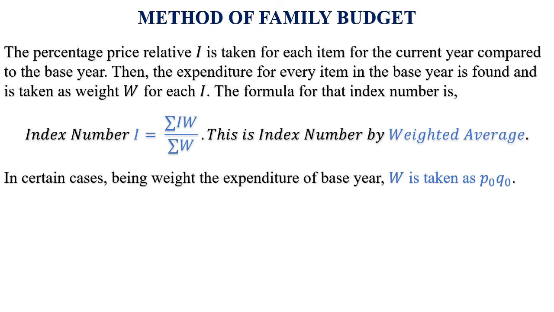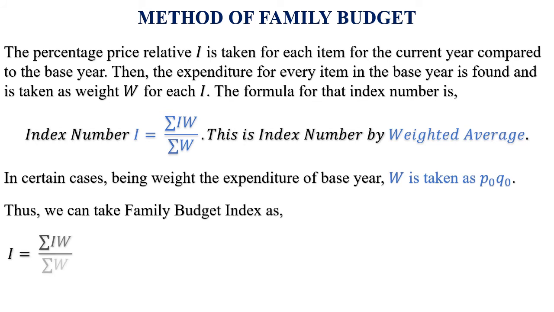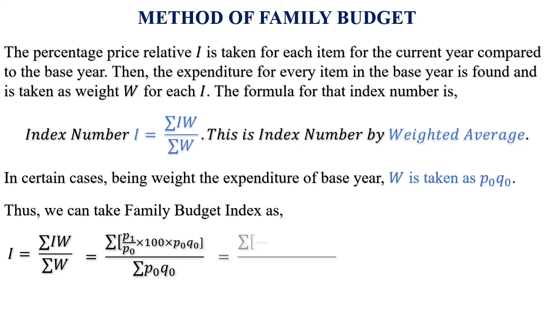So in these cases, we can take the family budget index number as, we know this formula. In here, I is P1 upon P0 into 100 and W is P0Q0. So again in the division also we will write P0Q0. Now as you can see here, P1 upon P0 into 100 into P0Q0, in which we can just cancel out this P0 from both sides.